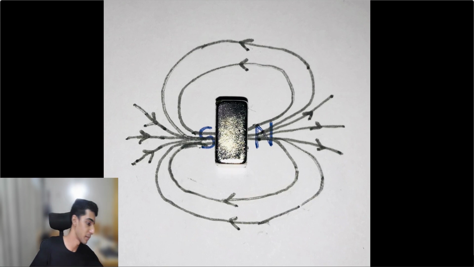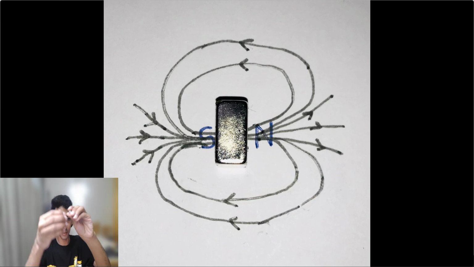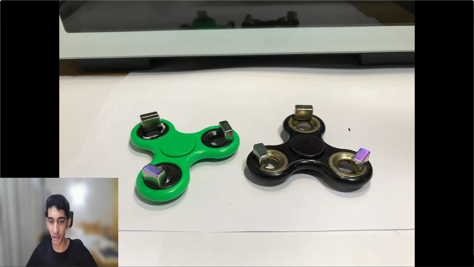At one side of the magnet, let me try demonstrating that. One side of the magnet will always be the north side, and the other side will be the south pole, as you can see here. In my experimental setup, I positioned them in such a way that the north pole will always be facing outward for both the spinners, which means that as the magnets come close together during their rotation, there will be repulsion.